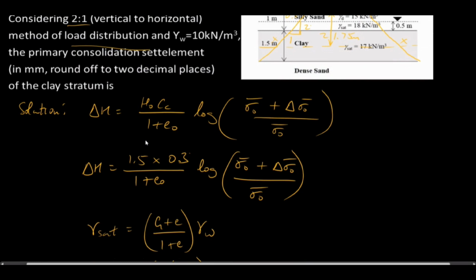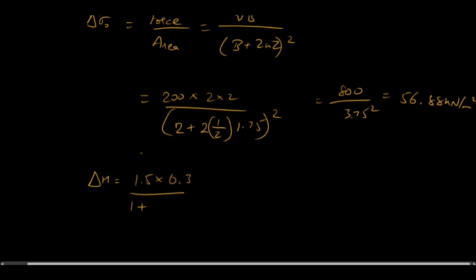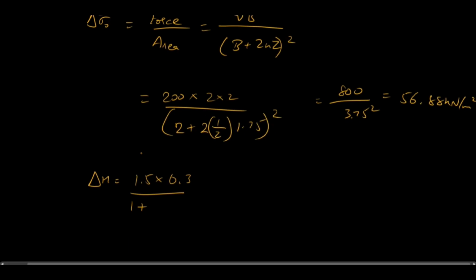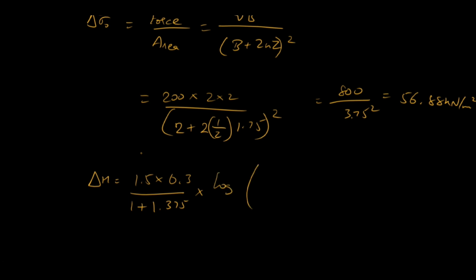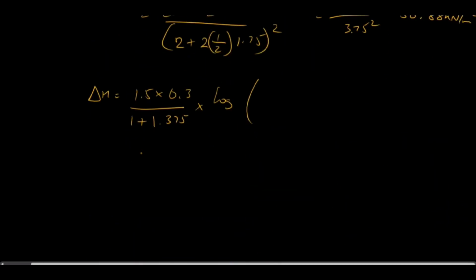Now you have to substitute all the parameters in the above equation, where you get delta H equal to H naught 1.5 into Cc, that is 0.3, divided by 1 plus e naught, e naught being 1.375, into log of (sigma naught dash, which is 39.25, plus delta sigma naught dash, that is 56.88) divided by sigma naught dash 39.25.